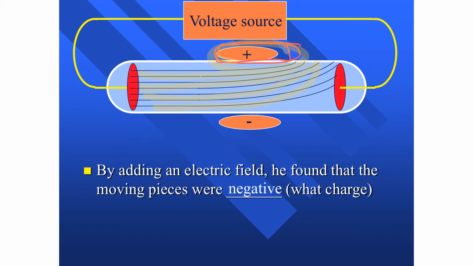Of course, he knew that negative and positive things attract each other. So he thought, I think these cathode rays are tiny, tiny pieces of an atom, which he called electrons. And so J.J. Thomson discovered the electron.